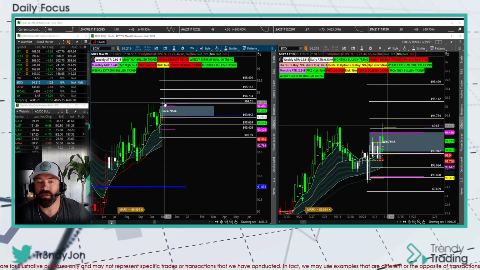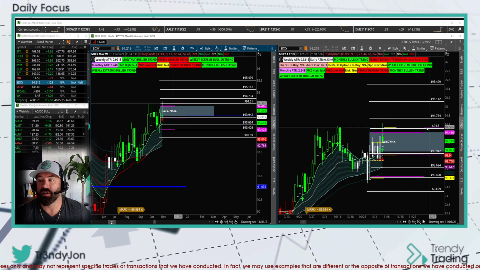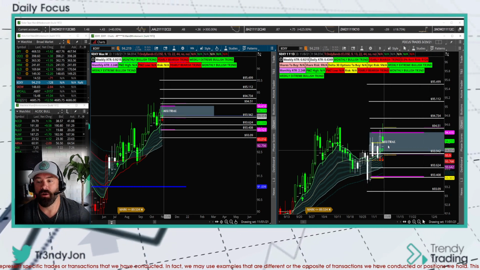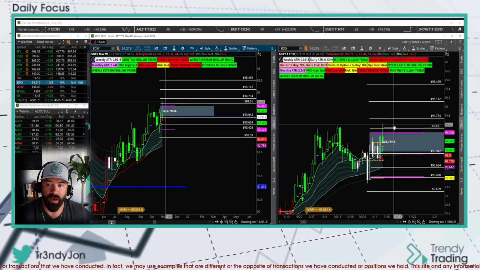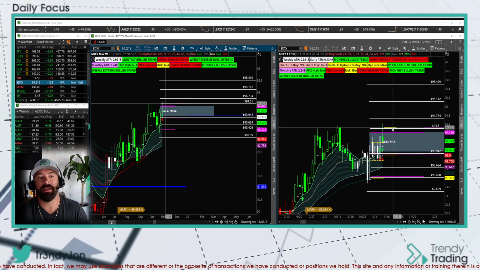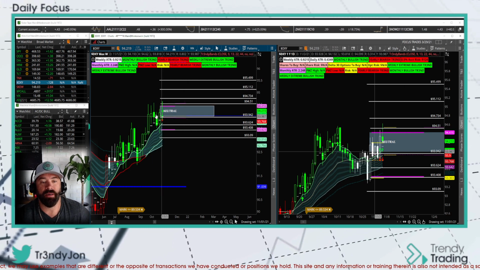If for some reason we start to close on the day candle above 94.51, things start to look a little different. Notice on the day over here on the right hand side that we're not breaking over that. If we can close above there, again, I would say caution.